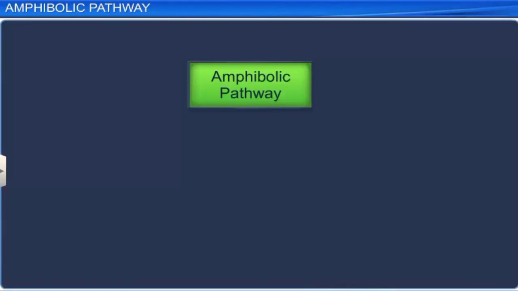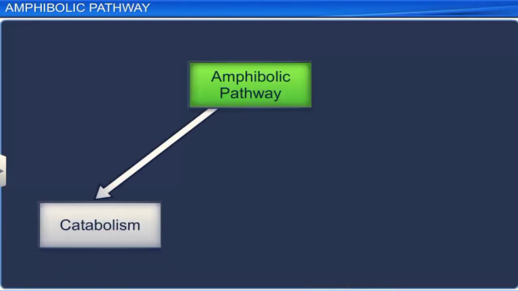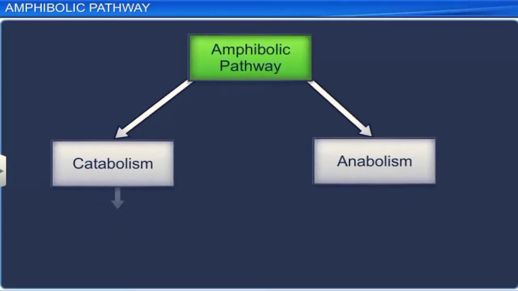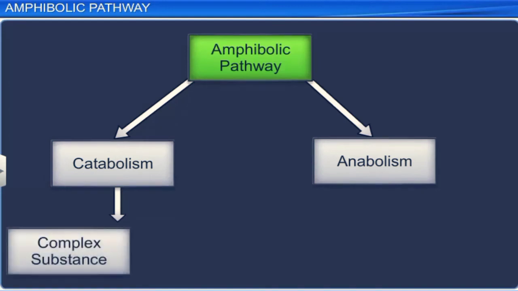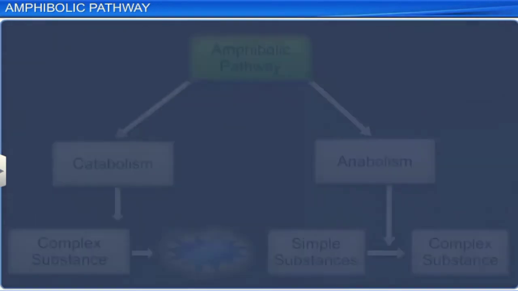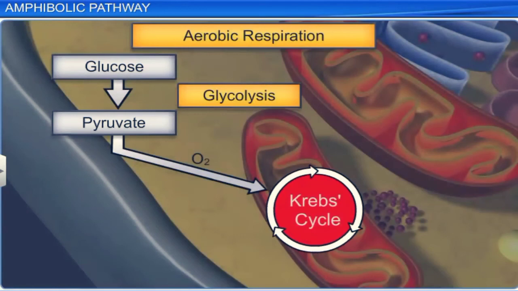The amphibolic pathway involves both catabolism and anabolism, where catabolism stands for the breakdown of complex substances to produce energy, and anabolism stands for the synthesis of complex substances from simple substances. So far, we have seen how the glucose substrate is oxidized during glycolysis and observed the Krebs cycle during aerobic respiration.